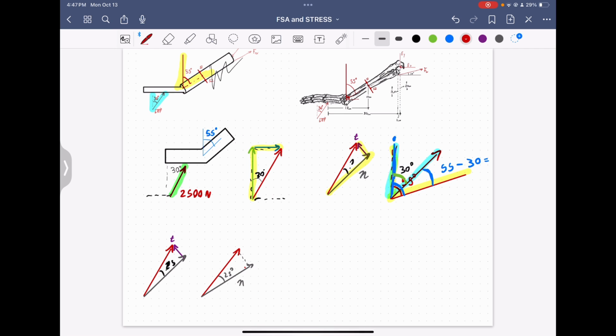Since this is a right triangle, we know how to do that. We'll do it in gray. Fn equals 2,500 newtons, and then we want the adjacent side, so it's cos 25. It will be in newtons. That will be the final answer.